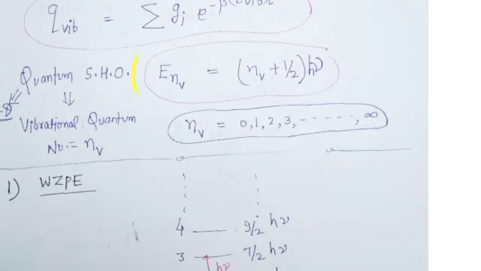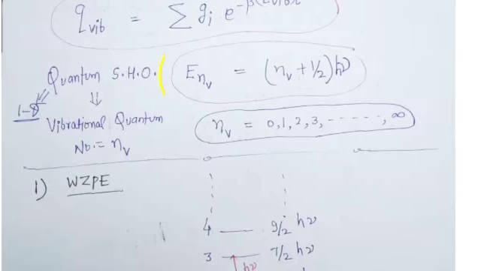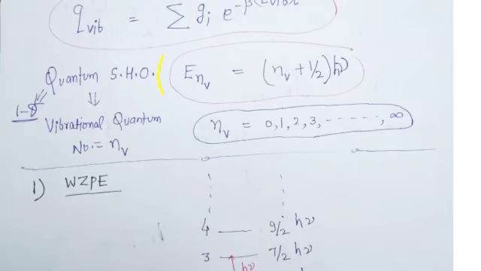That means we are getting this energy for the ground state, because Nv equals 0 indicates the ground state. As we had already done, there are two possibilities: the energy of the ground state may be 0 and may not be 0.